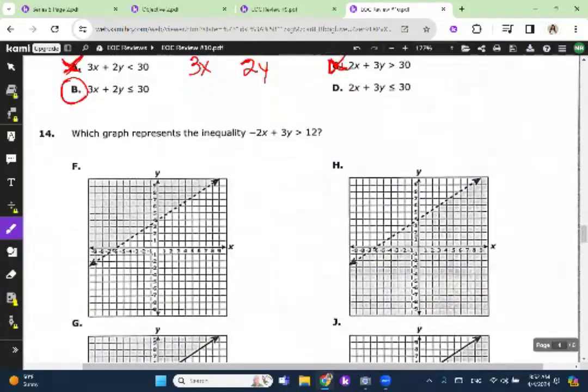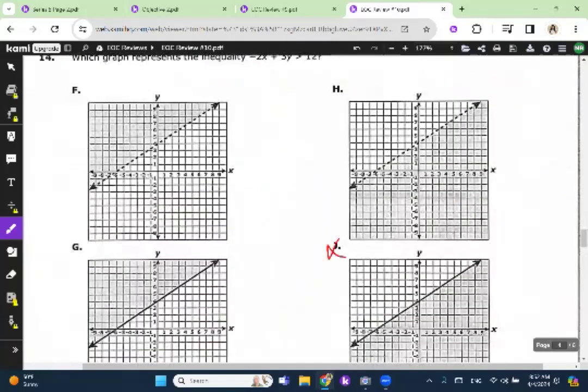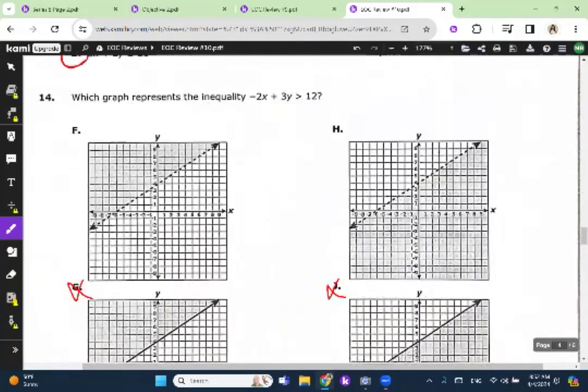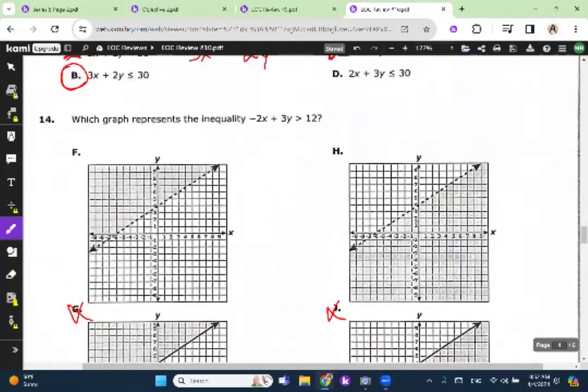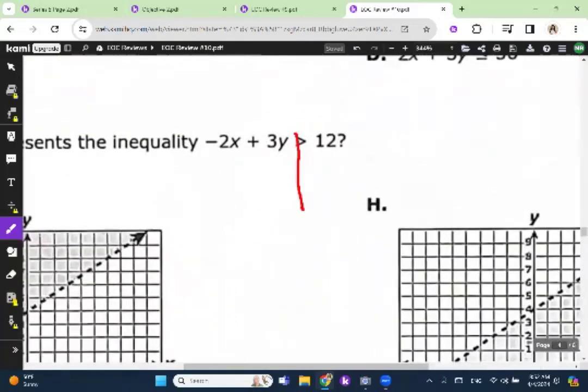14. Which one's the first one you're going to get rid of? G and J, because those are solid lines. Now from there, let's just solve it. Move the 2 over by adding. Then you get 3y equals 2x plus 12.